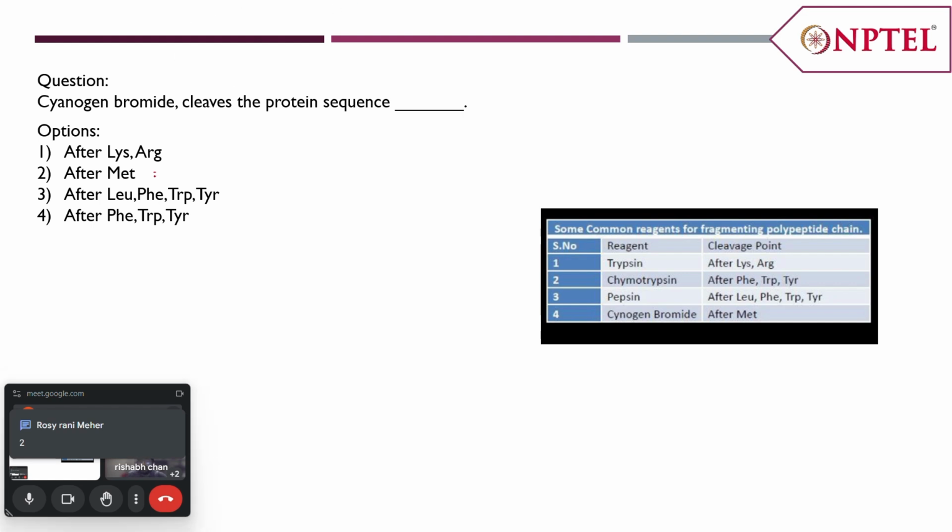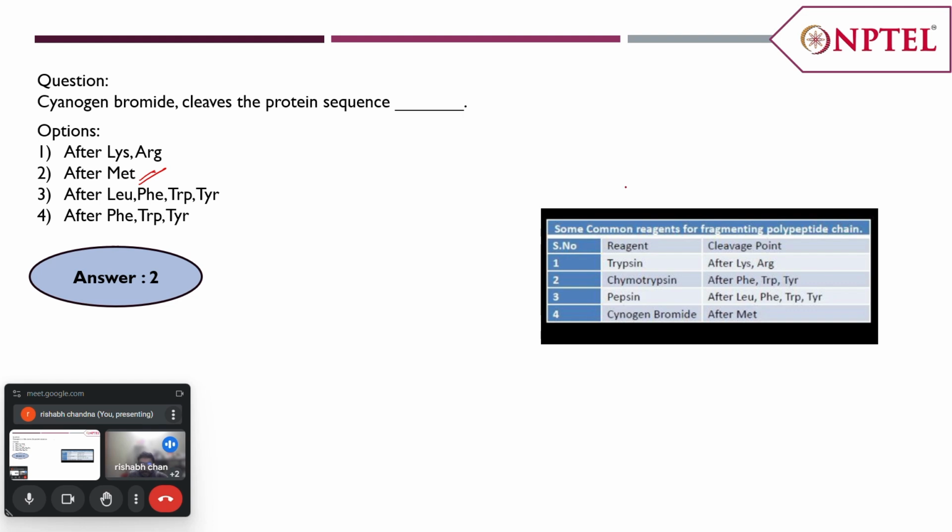Yes, the correct answer is option number two, after methionine. So here is the table given for the different reagents or enzymes that are used for breaking the bonds of different amino acids, and then we generally use mass spec to reduce their size and further to determine their sequence.